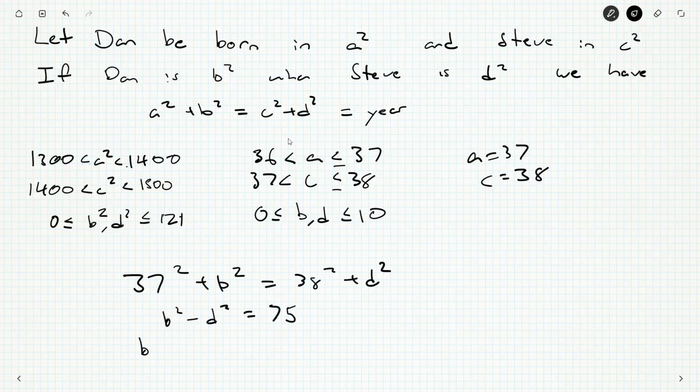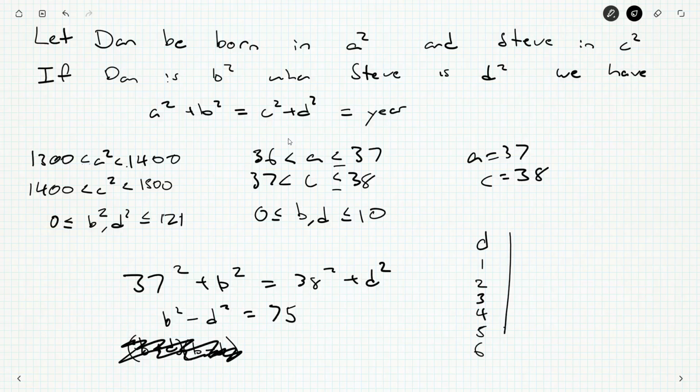And look at that, I've got a difference of squares over here. Or we could probably just start listing out. Actually, I think it might be a little easier to just say D could be 1, 2, 3, 4, 5. Probably won't be beyond 6.